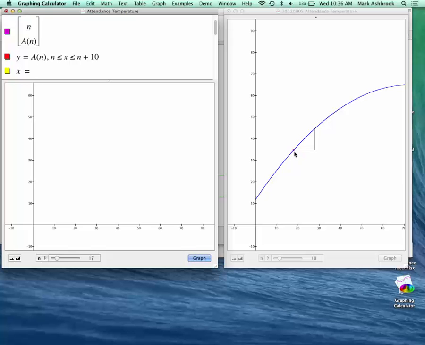What was the x value of our point? N. What x value is over here? It's not going to be n, right? It's over to the right. N plus 10. The x value of that vertical line is n plus 10. And the same thing now, we just want to take a piece of that, the piece starting at n.